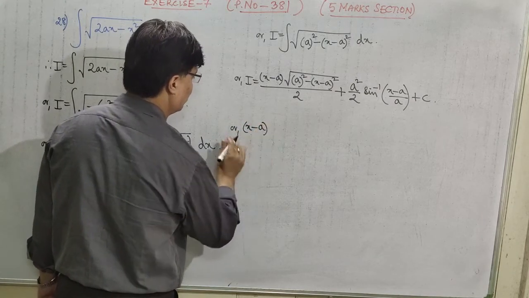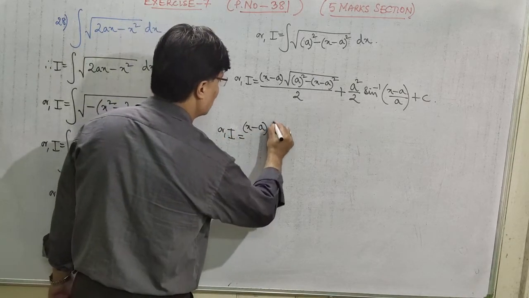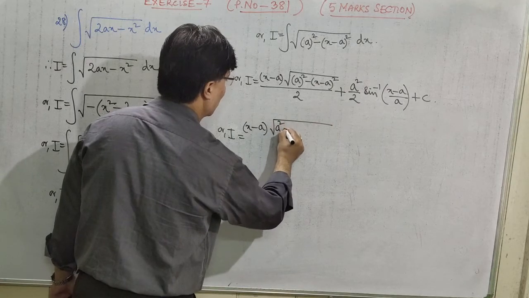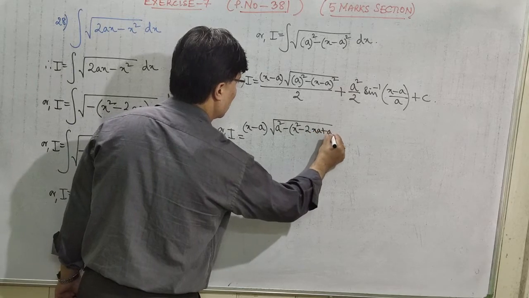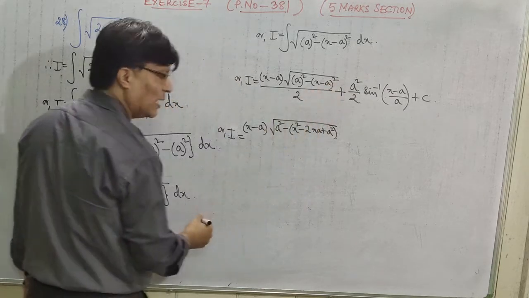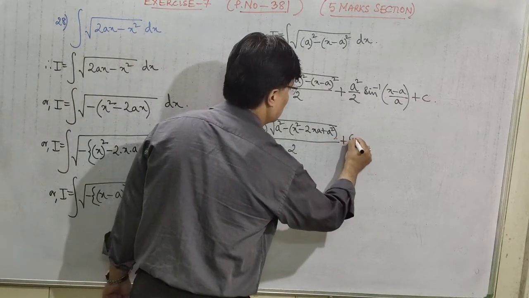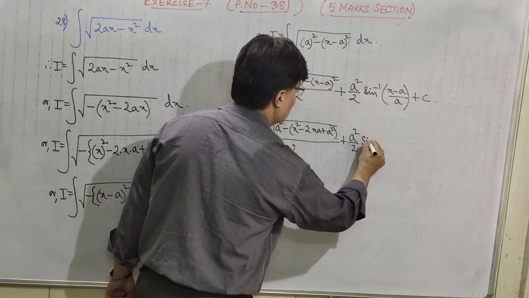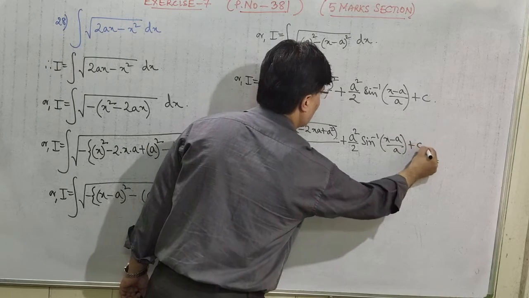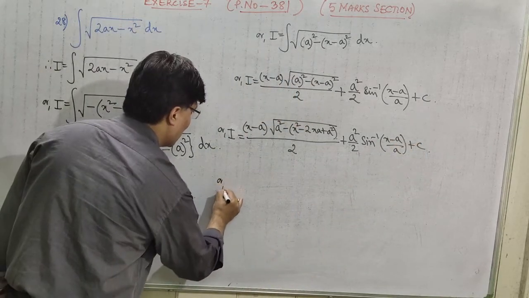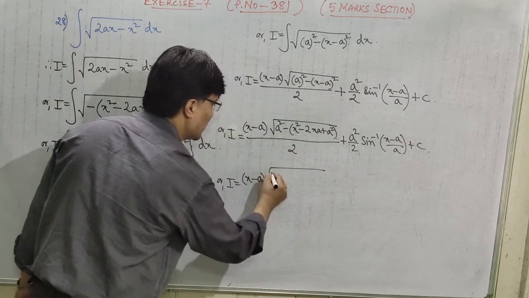So I is equal to x minus a within square root, let us simplify it, a square minus within bracket x square minus 2xa plus a square, bracket close, because this is a minus b whole square form, whole divided by 2, okay, plus a square by 2 sine inverse x minus a by a plus c. Or I is equal to x minus a, then within square root what do we write here?